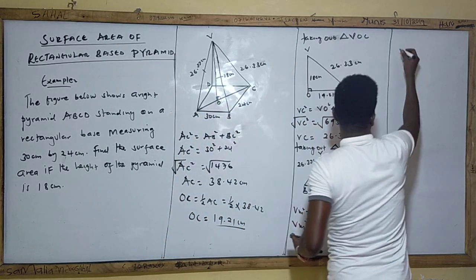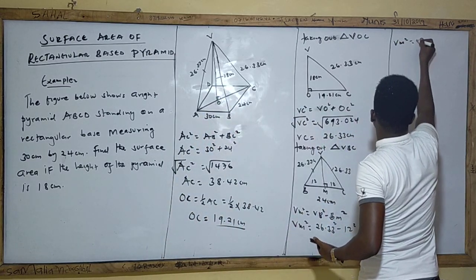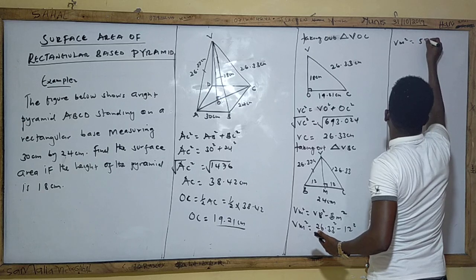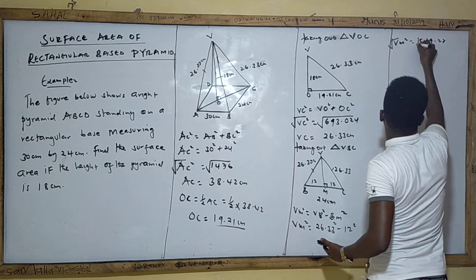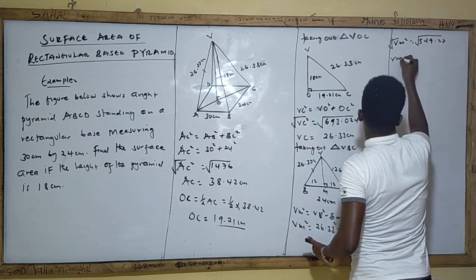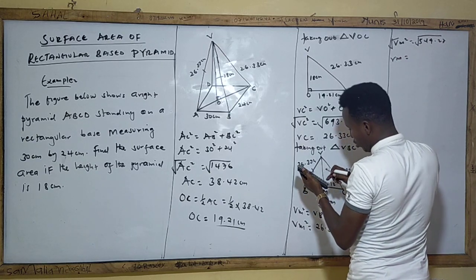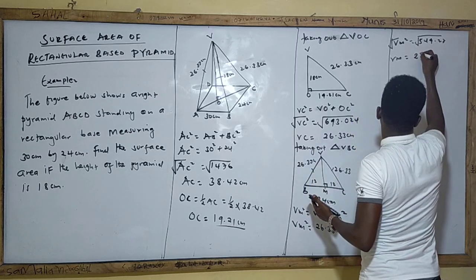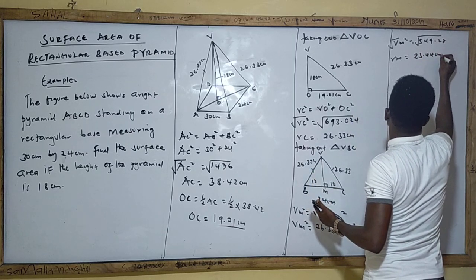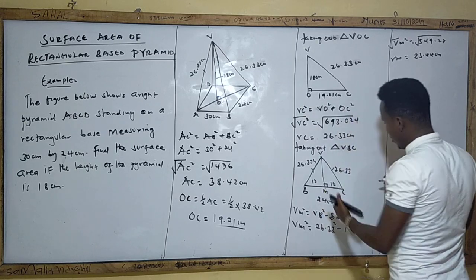So I'll get VM squared is equal to 549.27. Then introduce root. So VM is equal to root of our answer, 23.44 centimeter.